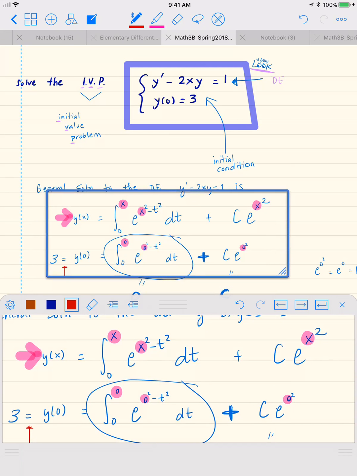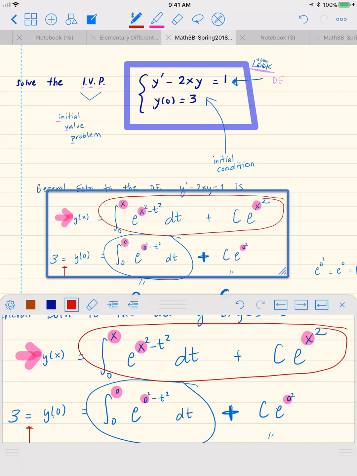Now we're going to use the fact that we have a formula for y of x to say what y of 0 is. It's going to be the integral from 0 to 0, because everywhere we see x, we replace it with 0. So we've got the integral from 0 to 0 of e to the 0 squared minus t squared dt, plus c times e to the 0 squared.